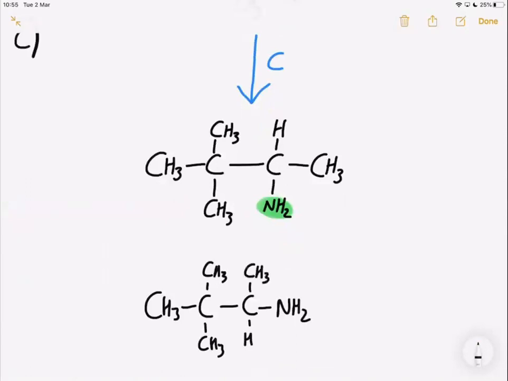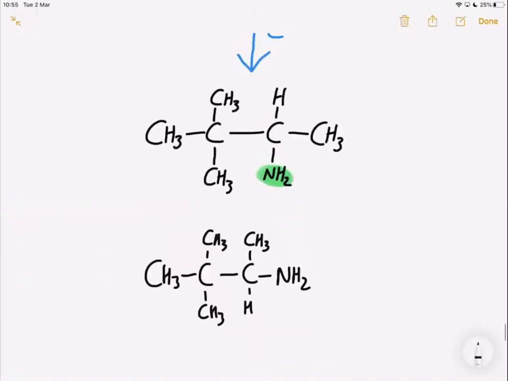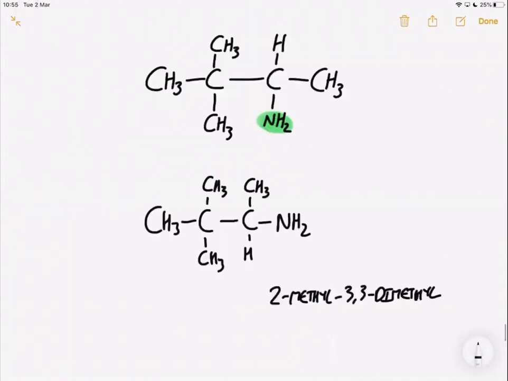Are we going to call this 2-methyl 3,3-dimethyl propyl amine? That's one possible name.